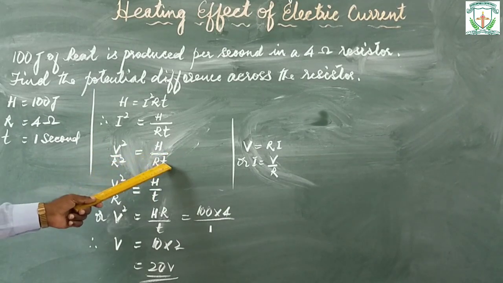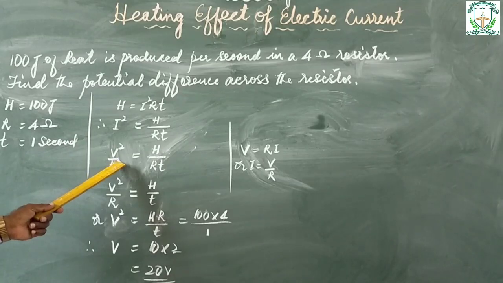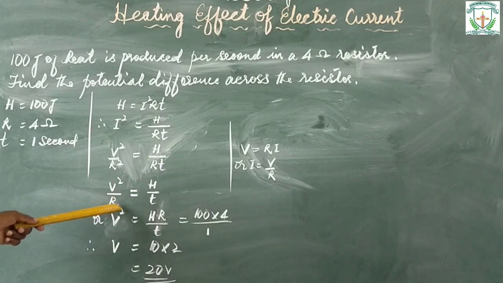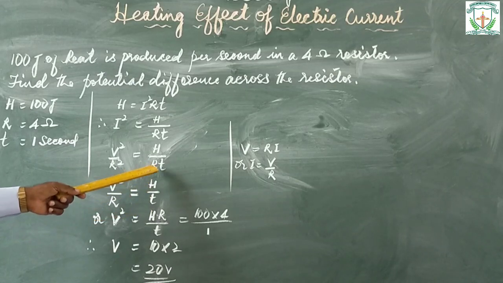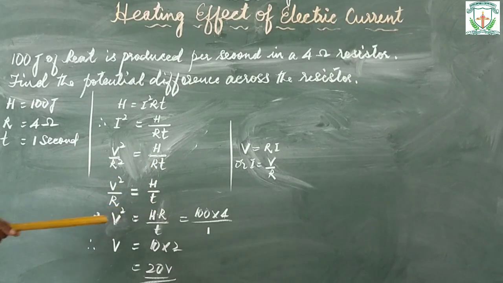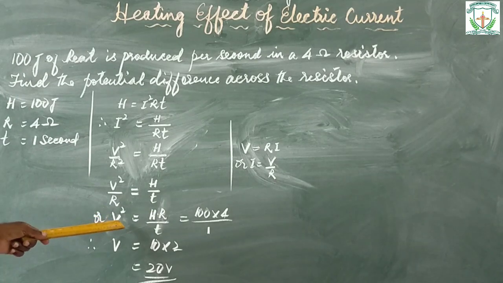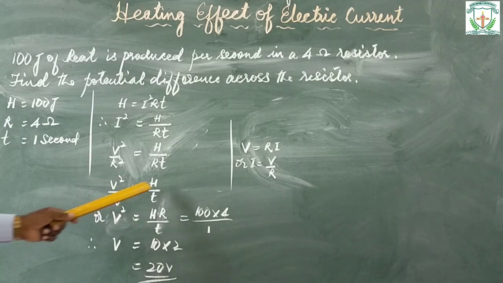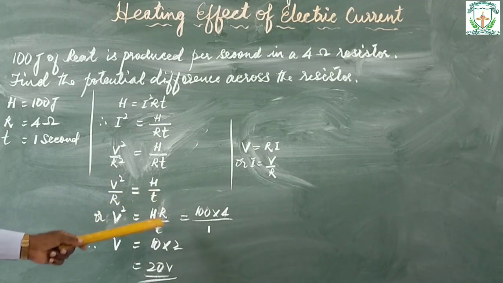Now you can cancel one R from here and this R also. What you get is V square by R is equal to H by T. This R is gone. H by T, mathematical simplification. Or V square is HR by T, cross multiplication. H into R by T.